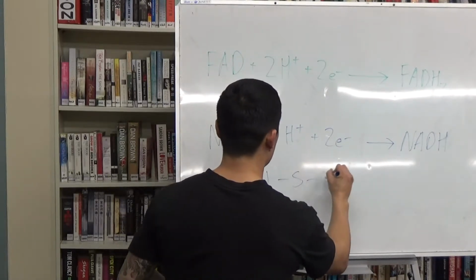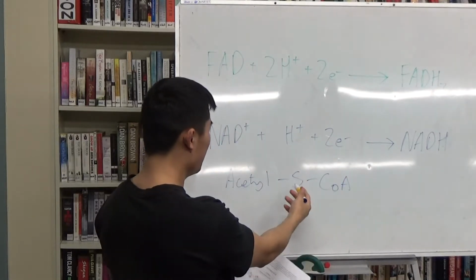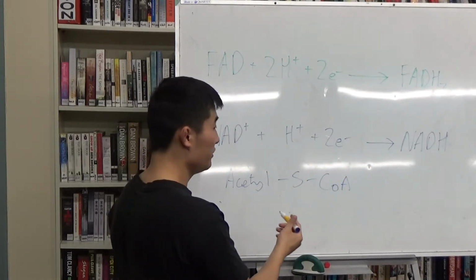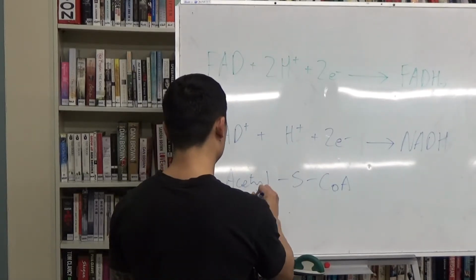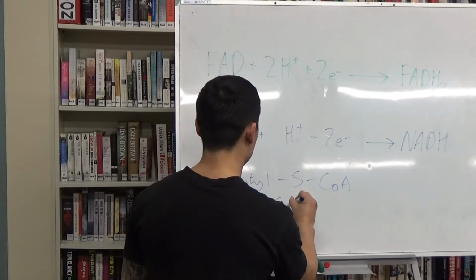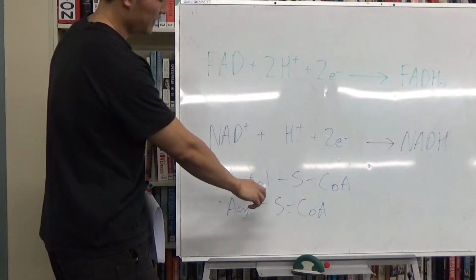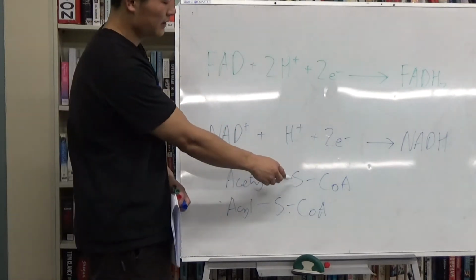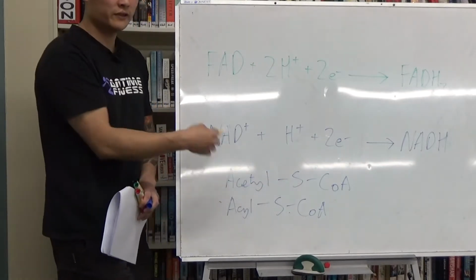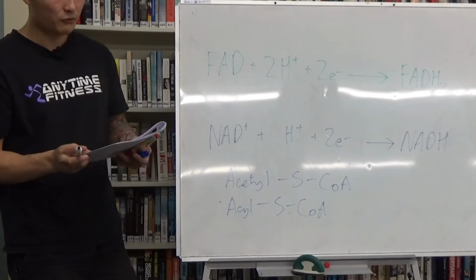So the S on the left-hand side is the one that's going to connect to the acetyl group and the acyl groups. Usually you'd just say acetyl-CoA or acyl-CoA, but remember it's the sulfur on the end of the coenzyme A that's going to be the functional group, which is binding.